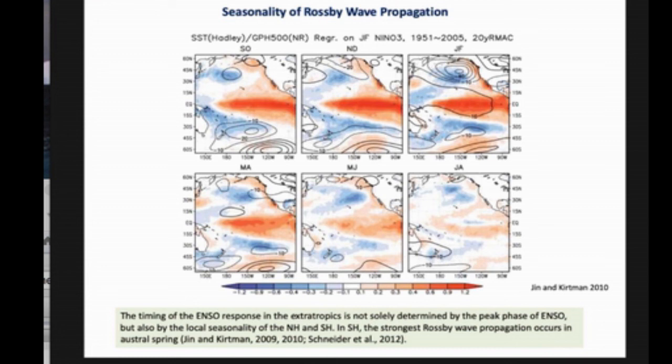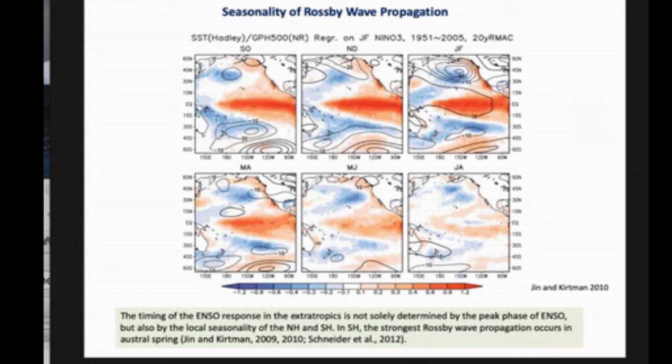Because you already have pretty strong SST in that season, starting to generate the Rossby wave. But when it goes to the winter, the response in the Northern Hemisphere is so strong, but in the Southern Hemisphere becomes weaker. So this Rossby wave also works with hemispheric seasonalities. They conclude that Austral spring is the favorite season for the Southern Hemisphere receiving the Rossby wave propagation.